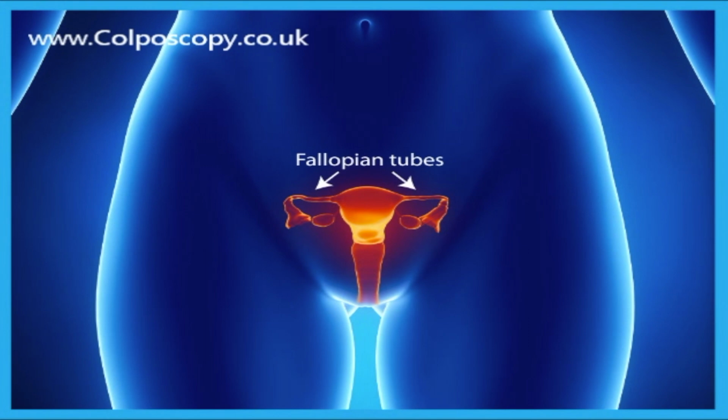Next to the fallopian tubes are the two ovaries, which can be seen here. The vagina connects the uterus to the outside, and the lowest part of the uterus, which projects into the vagina, is called the cervix.